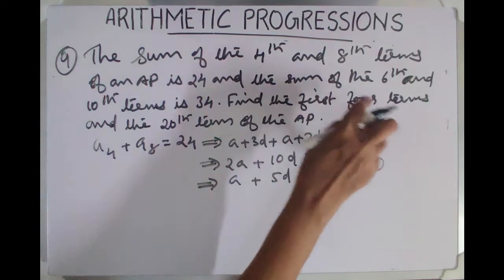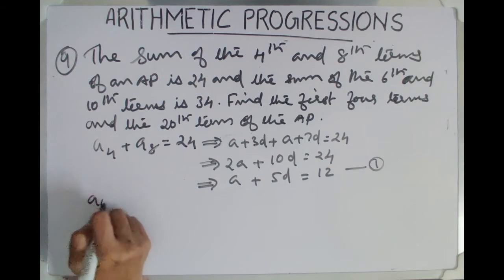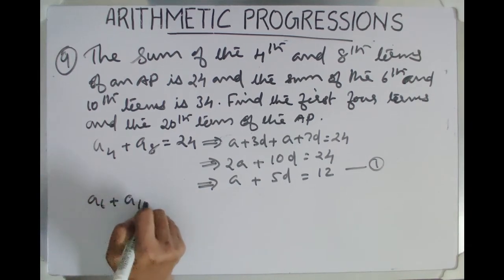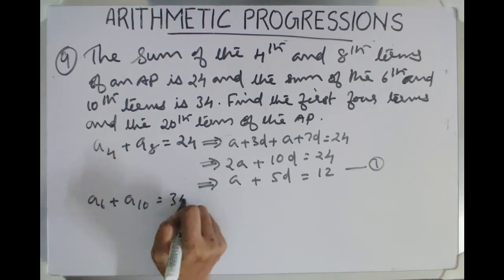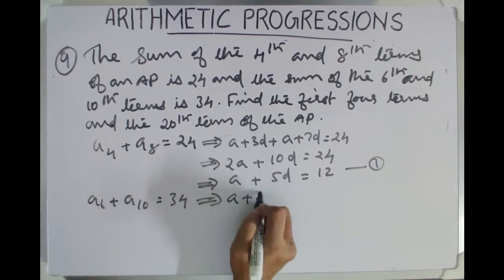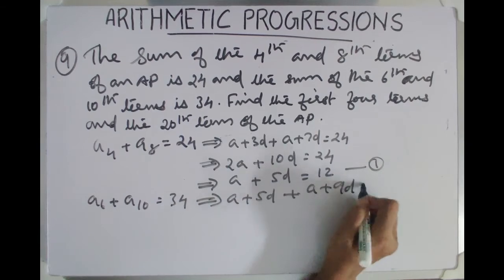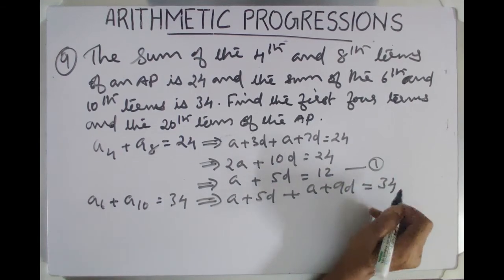Next is the sum of the 6th and 10th terms is 34. That is A6 plus A10 equal to 34. This implies A6 is A plus 5D, plus A10 is A plus 9D, equal to 34.